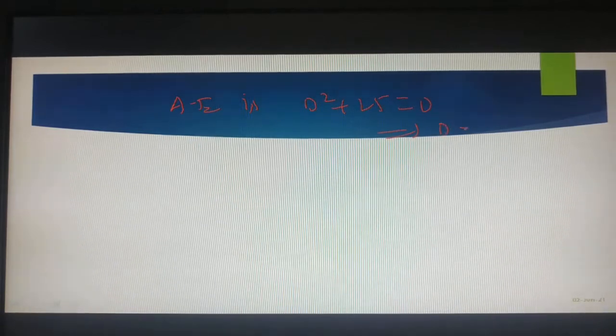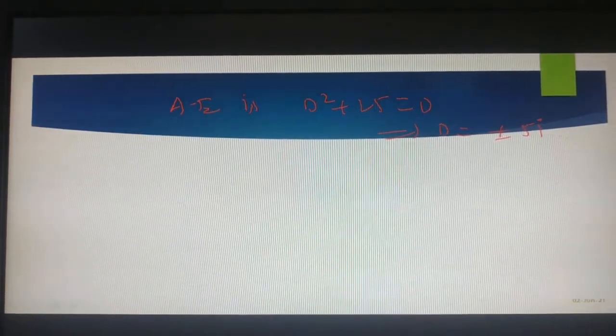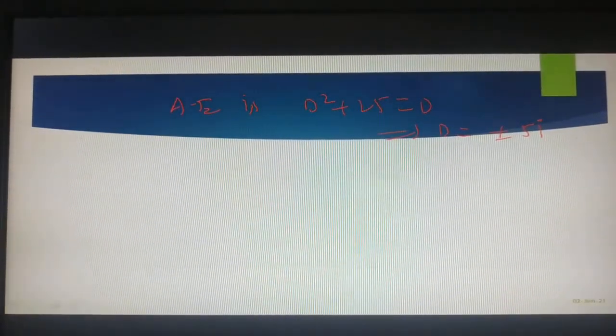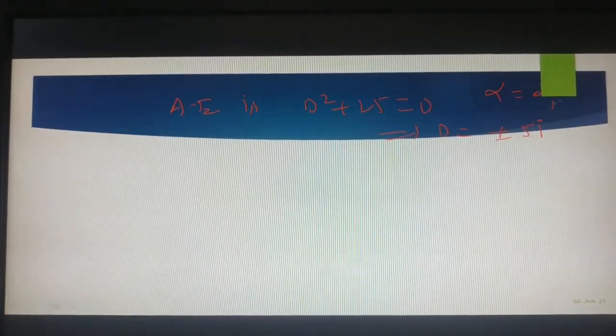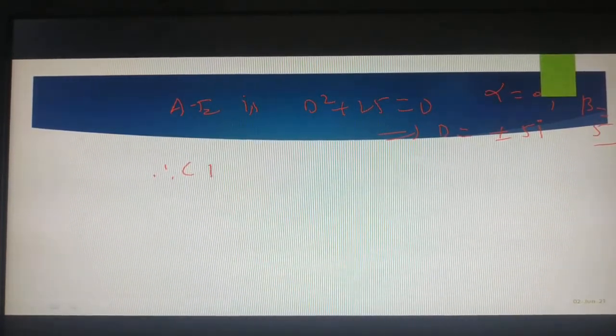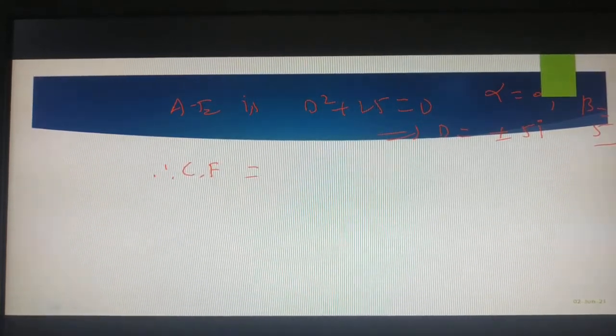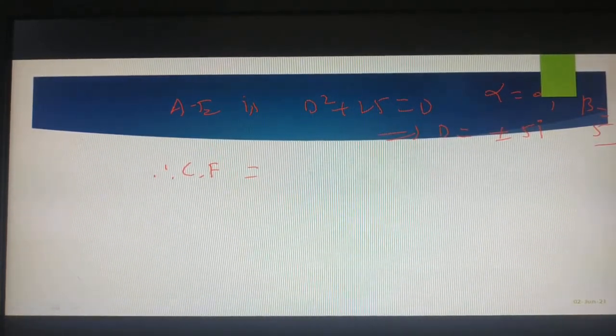So from this we get D is equal to plus or minus 5i. So what is alpha here? 0. Beta value is 5. So while writing your complementary function, e power 0x means 1.